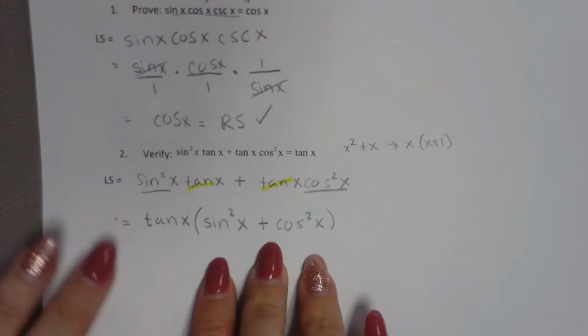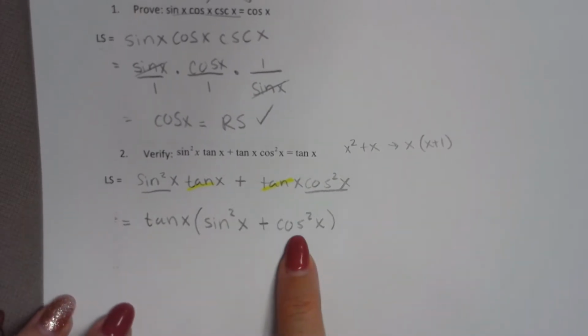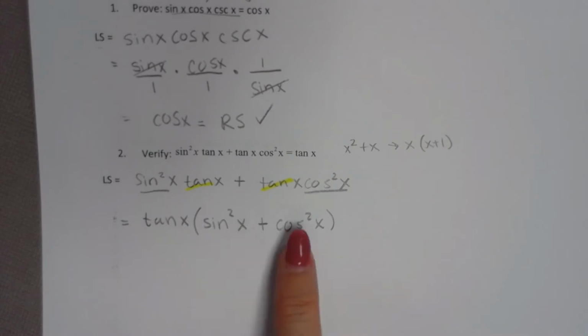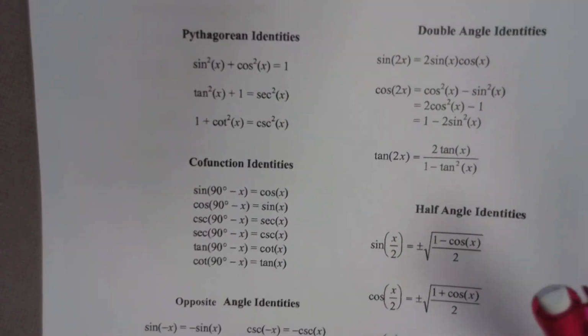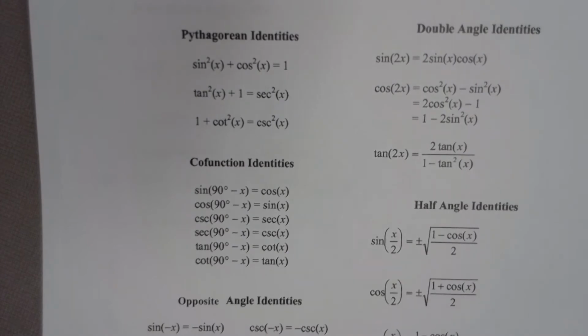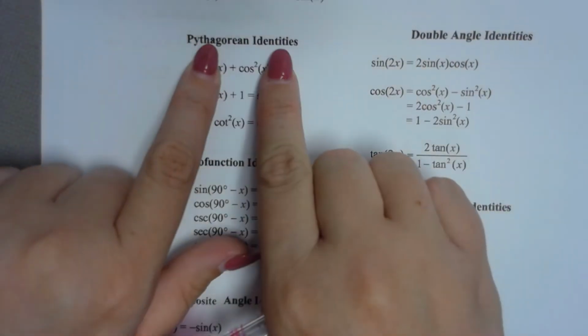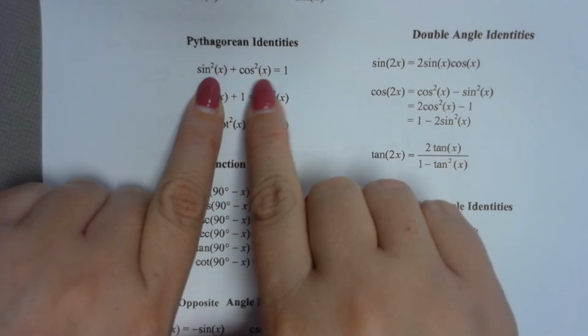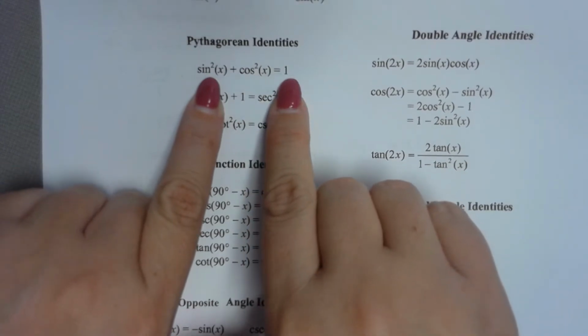So now that I've gotten this far, if you notice, I have a sine squared and a cosine squared. Whenever you see a sine squared and a cosine squared, you should think to yourself, I'm going to look at my Pythagorean identity sheet. Well, if I look here under my Pythagorean identities, sine squared plus cosine squared equals 1.